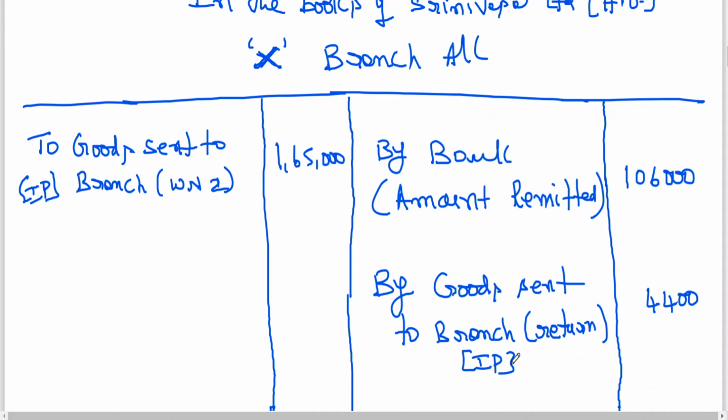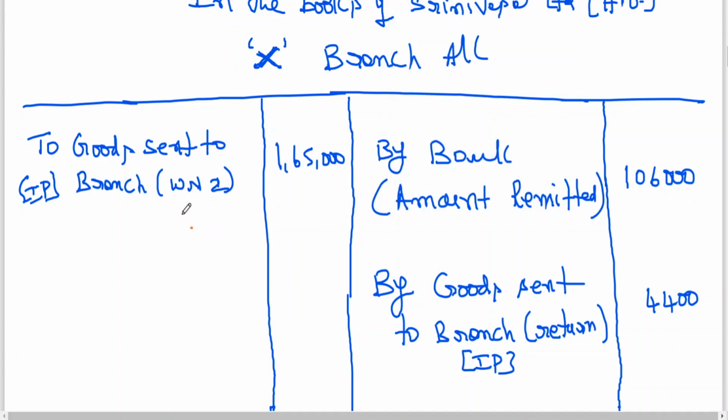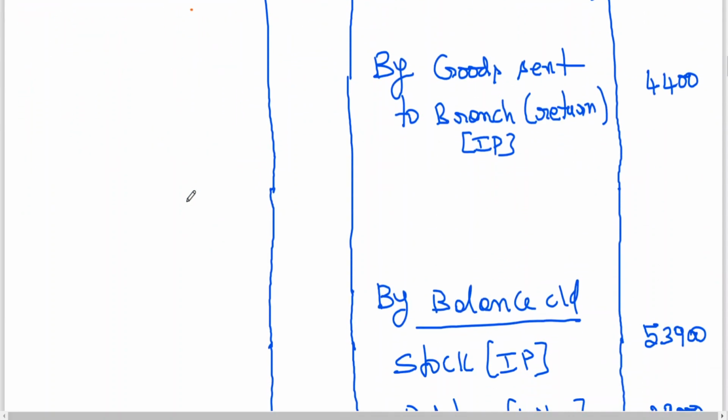Next, we have to remove the loading effect now. How to remove loading effect? Goods sent to branch, loading effect, you reverse it. We write entry: branch account debit, goods sent to branch, reverse it. It is just like consignment, my dear friends. If you remember, consignment to goods sent on consignment; if you reverse it, goods sent on consignment to consignment. Same.